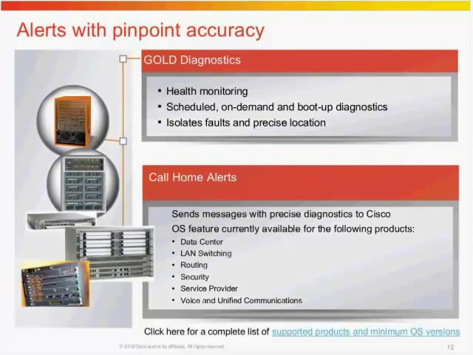Because Smart Call Home is a feature embedded in the operating system, it can access fault and environmental data from other embedded systems like GOLD, the generic online diagnostics, which provides real-time health monitoring, scheduled, on-demand and boot diagnostics, and precise fault isolation.